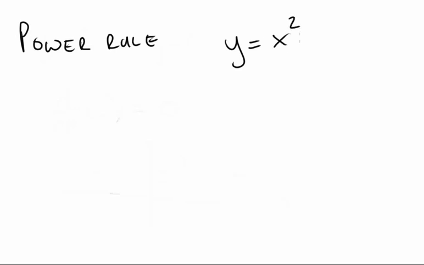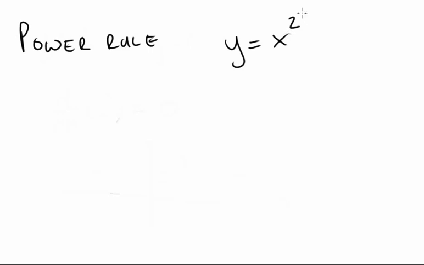Now the next one, another very common one, is called the power rule. The power rule is for functions like y equals x squared. So we have a function of x that has an exponent that is a number, not a variable.